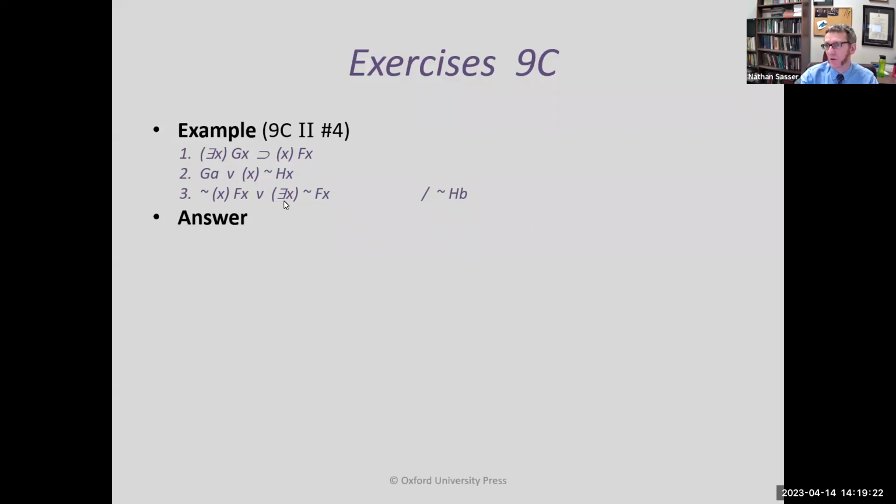Well, think about this. What's the other disjunct? Some x is not F. Now, apply your change of quantifier rule. Your change of quantifier rule says that this, some x is not F, is logically equivalent to this: it's not the case that for all x, they're F. Now, I can apply the change of quantifier rule to this part of line 3.